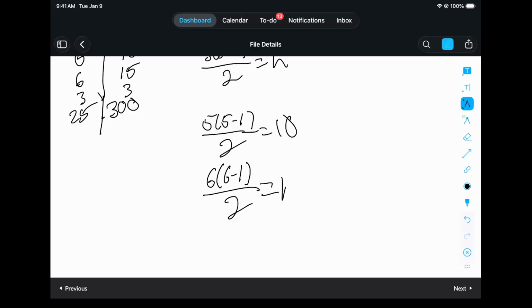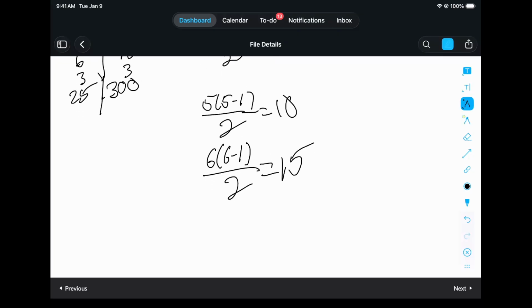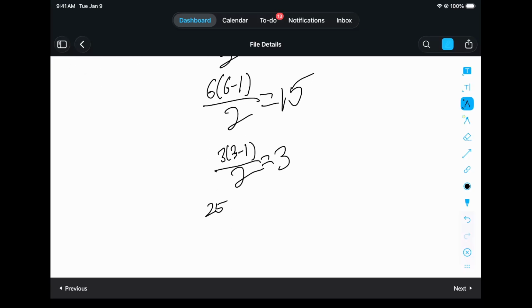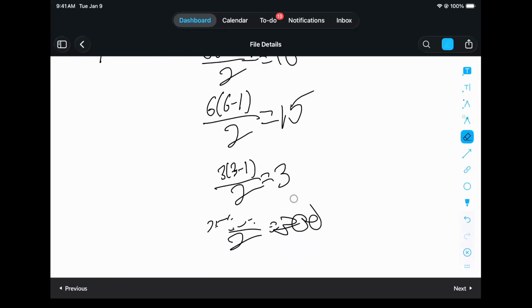Divided by 2 is 15. 3: 3 minus 1 is 2. 3 times 2 is 6. 6 divided by 2 is 3. 25: 25 minus 1 is 24. 25 times 24 is 600. Divided by 2 would be our 300. So, yeah, our equation does check out.